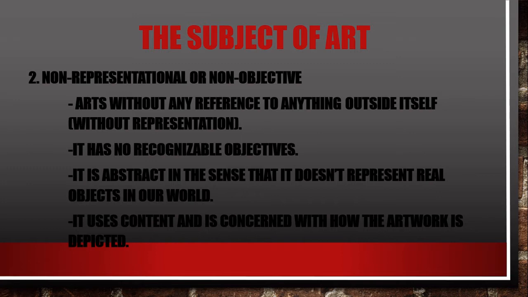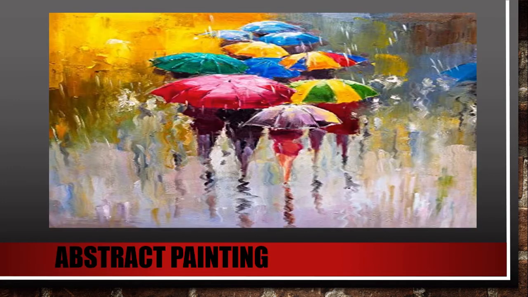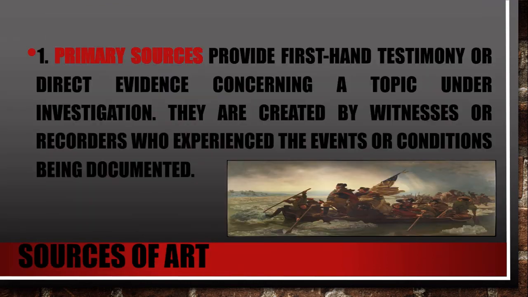It uses content and is concerned with how the artwork is depicted. An example of this is an abstract painting. That one, there is no representation. There's nothing recognizable. I can see umbrellas, but I don't know how this painting is represented. It depends upon how you look at it.